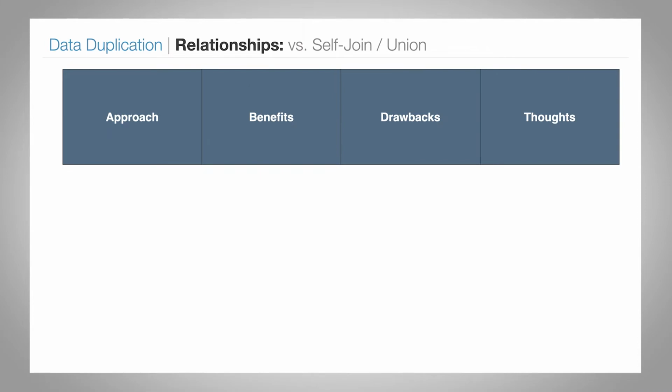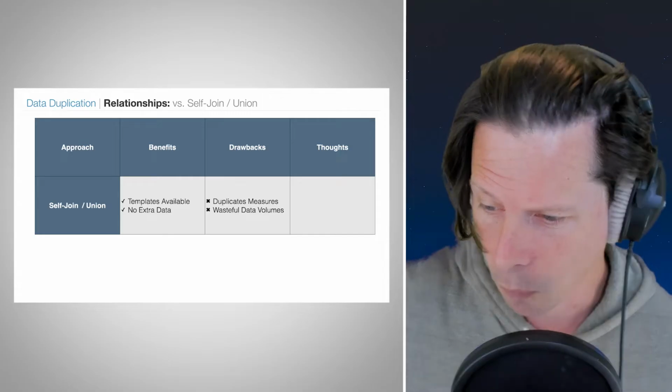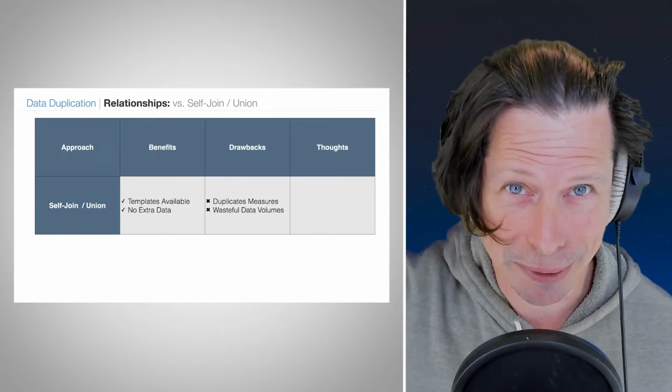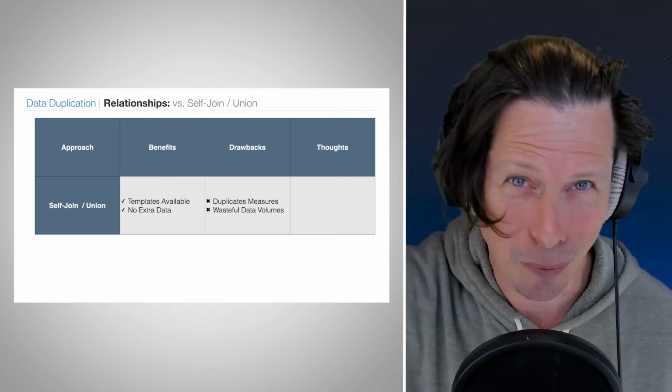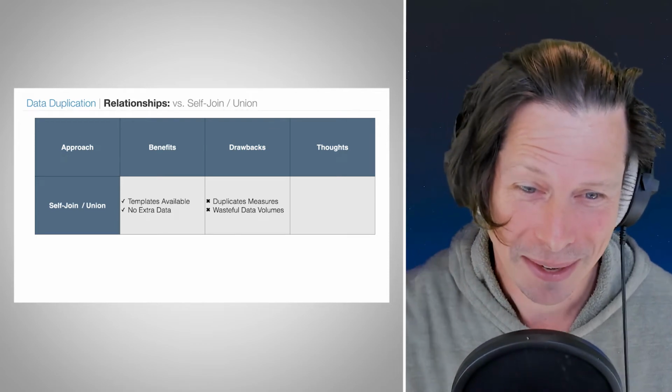Benefits, drawbacks, and thoughts. So for the self-union and the self-join, one benefit is there's lots of templates available, right? I could just go out to the internet, watch Alexander's 3-minute video, download his Sankey template, replace data source, and voila, I have a Sankey diagram, which is pretty awesome.